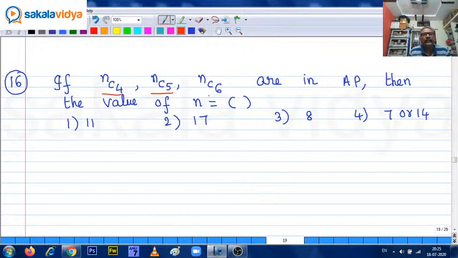n C4, n C5, n C6 are in arithmetic progression, then we need to find the n value. Here we have one shortcut.